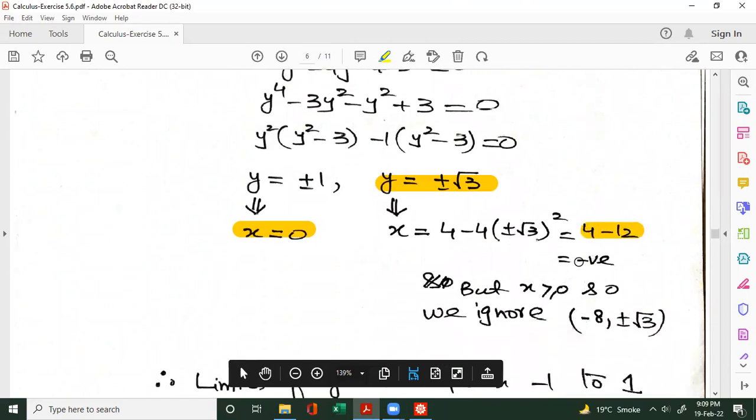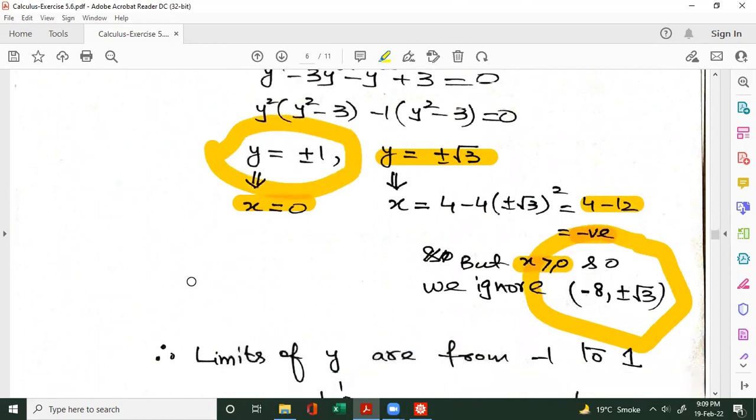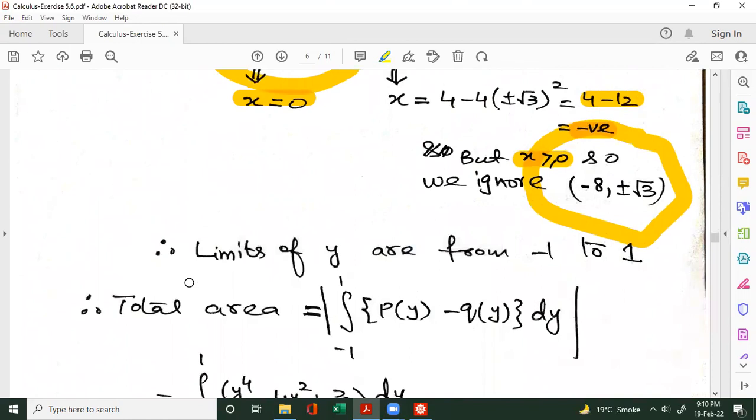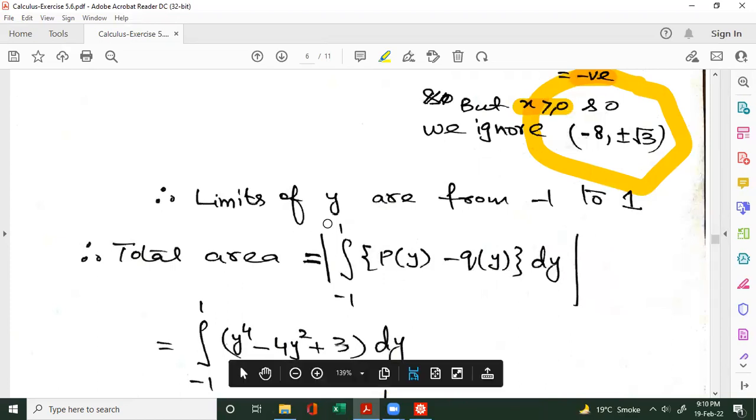That contradicts my given condition that x is greater than or equal to 0, so I need to ignore that point. This tells me that my y limits are from -1 to +1. So the total area in this case will be the integral from -1 to +1 of p of y minus q of y with respect to y, within the absolute sign.